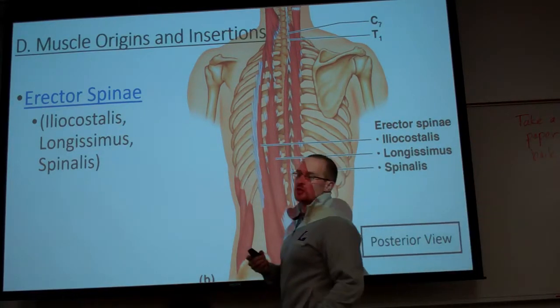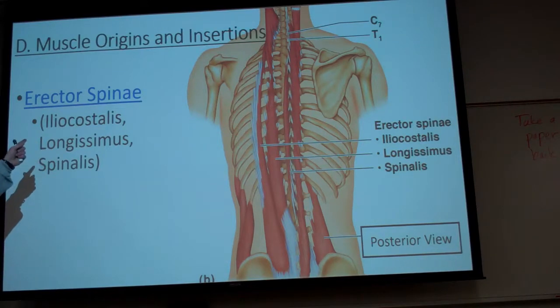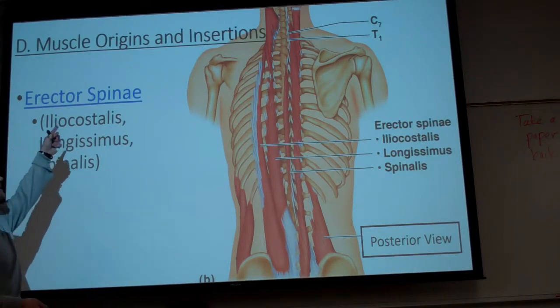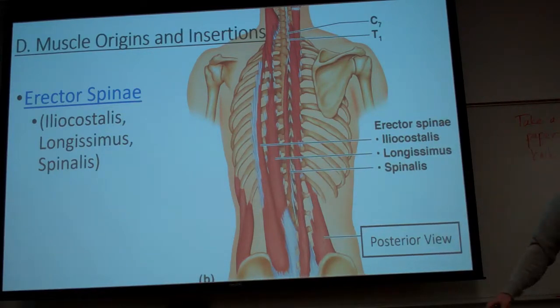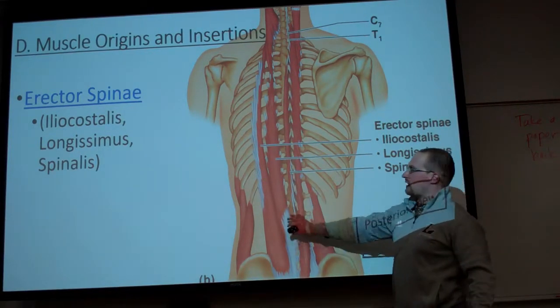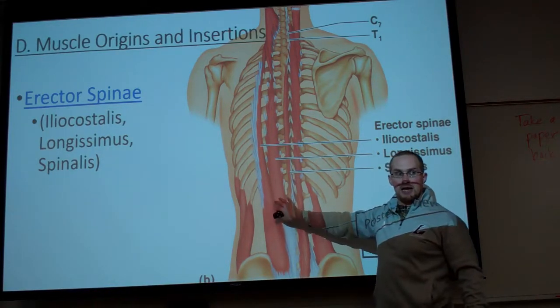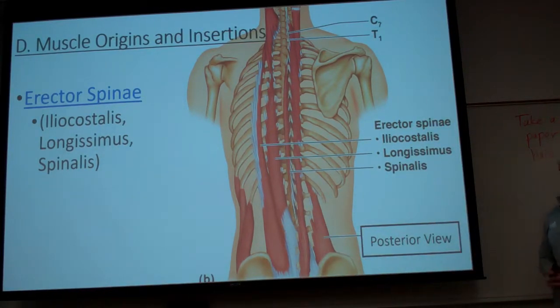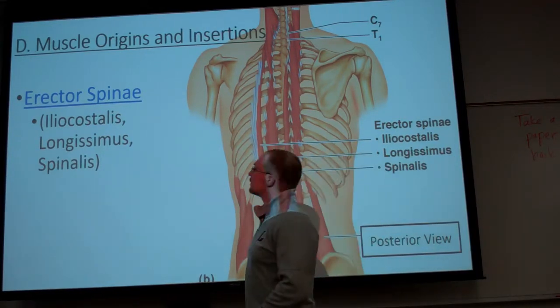Moving down, we're going to introduce some torso movements here with our erector spinae, erect spine. Kind of one way to help remember it. These are a set of 3 muscles on the posterior side of your body, on the back side. You will not need to know origin and insertions for these because there's just so many.